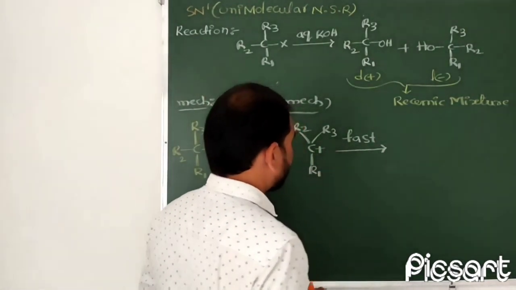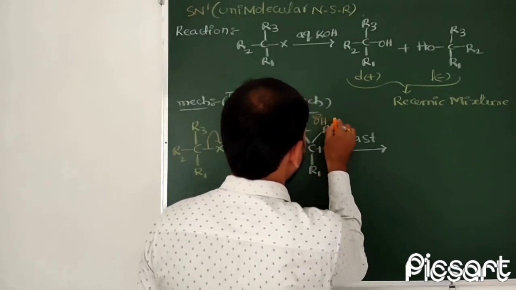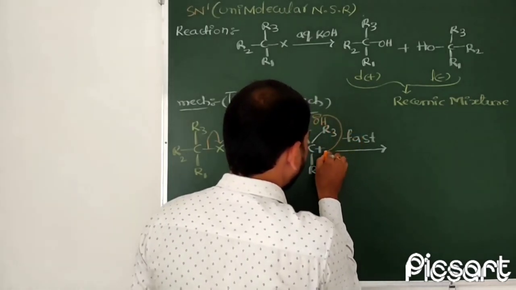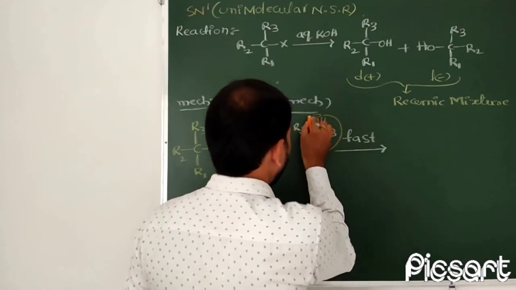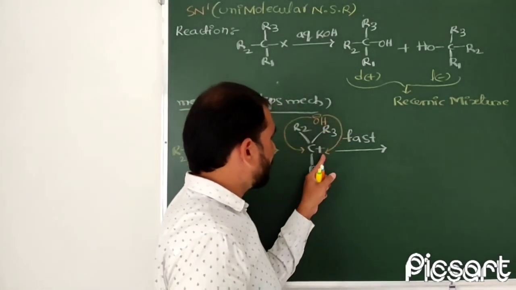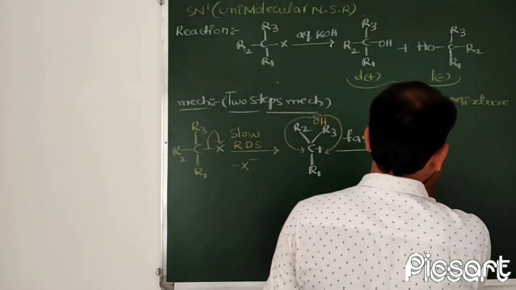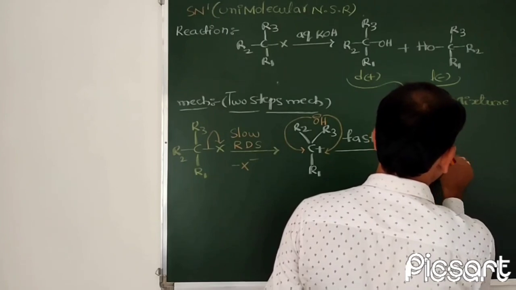In the second step, the nucleophile attacks the carbocation from the right side or from the left side. If the nucleophile attacks the carbocation from the right side, it results in the right side OH group product.